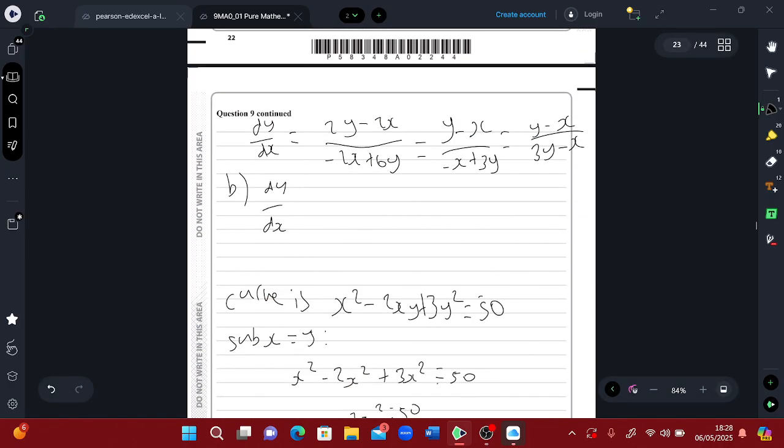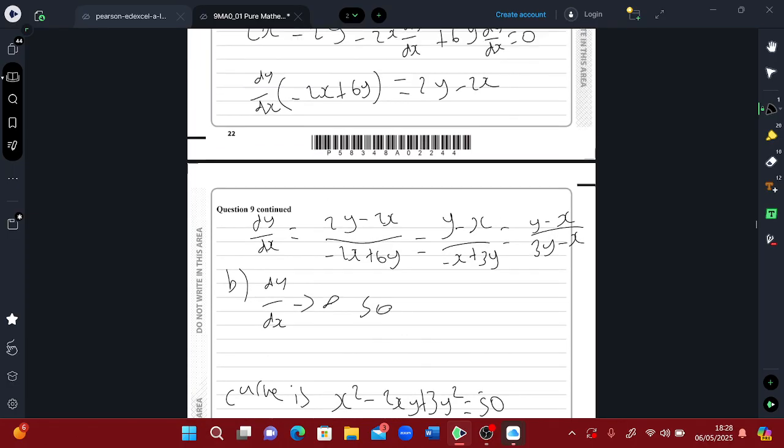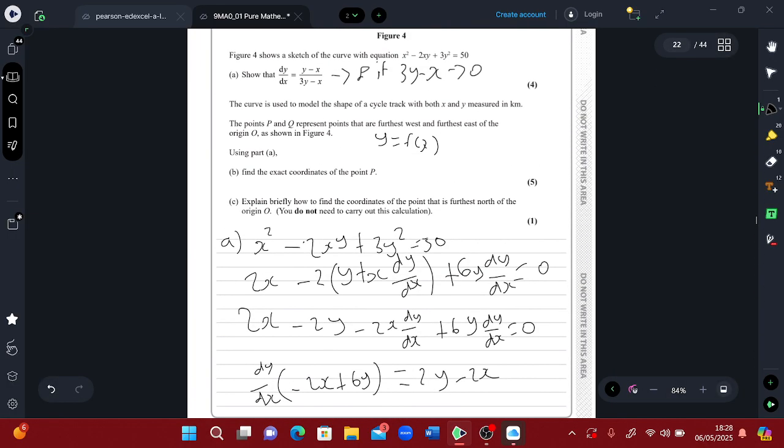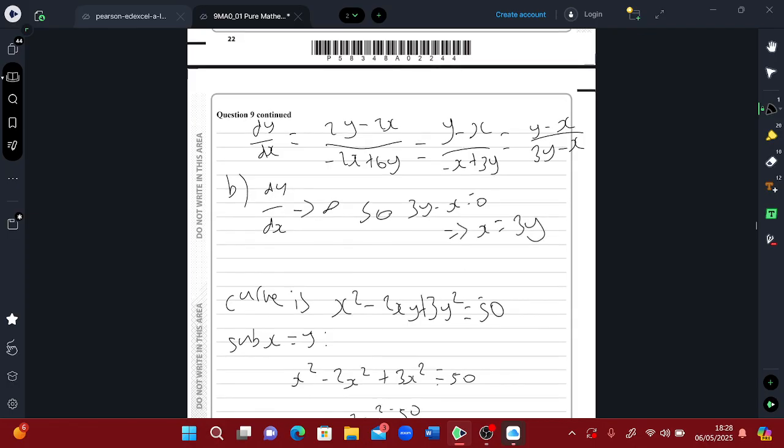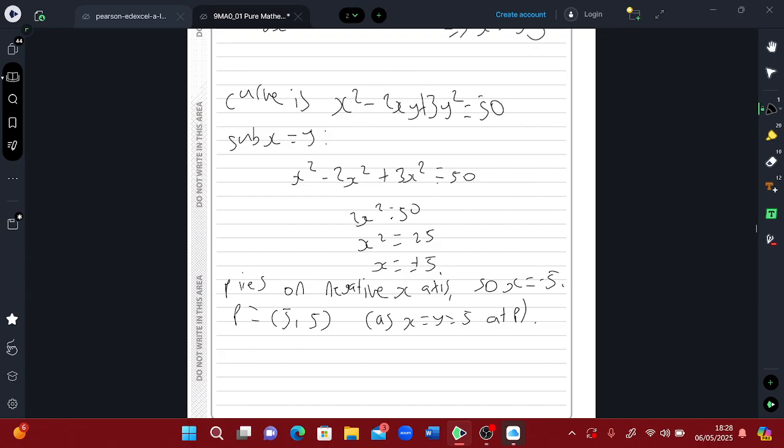So instead of the numerator being 0, we want the denominator to be 0 this time round. So 3y minus x is 0, which of course means that x has to be 3y. Then we do the exact same methodology, but the numbers are a bit different.